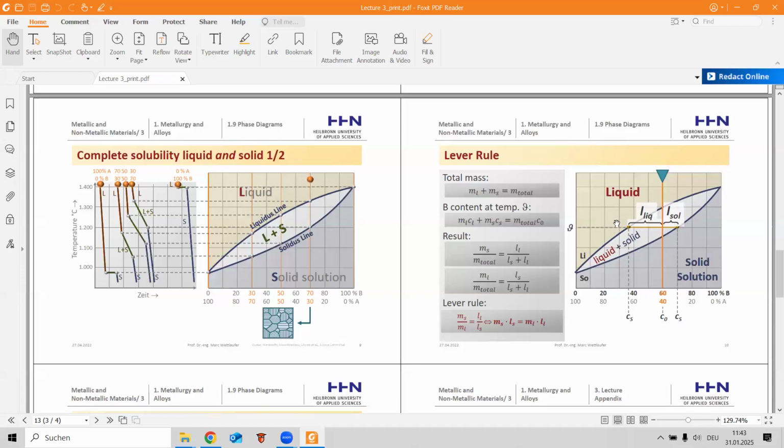So liquid lever, here we have the same temperature, and here is a mistake. Here should be concentration of liquid, and here we have the solid lever, and here the concentration of solid.